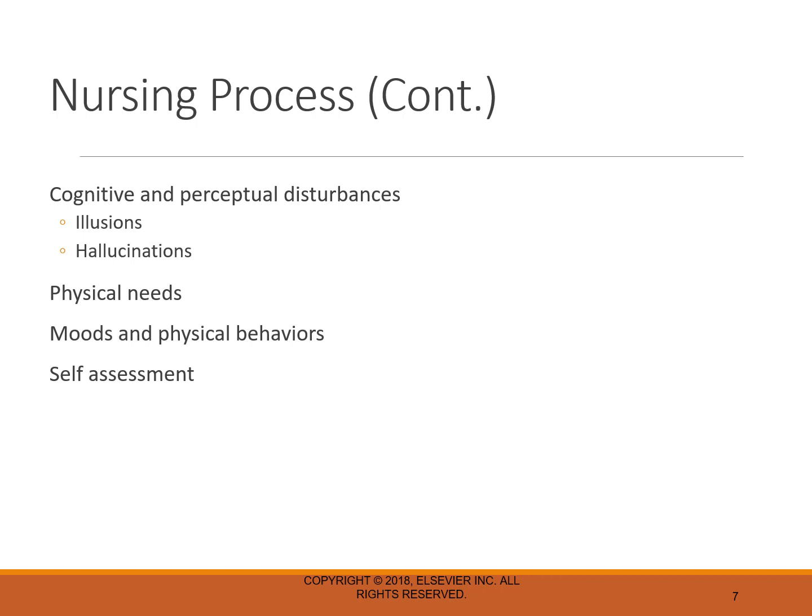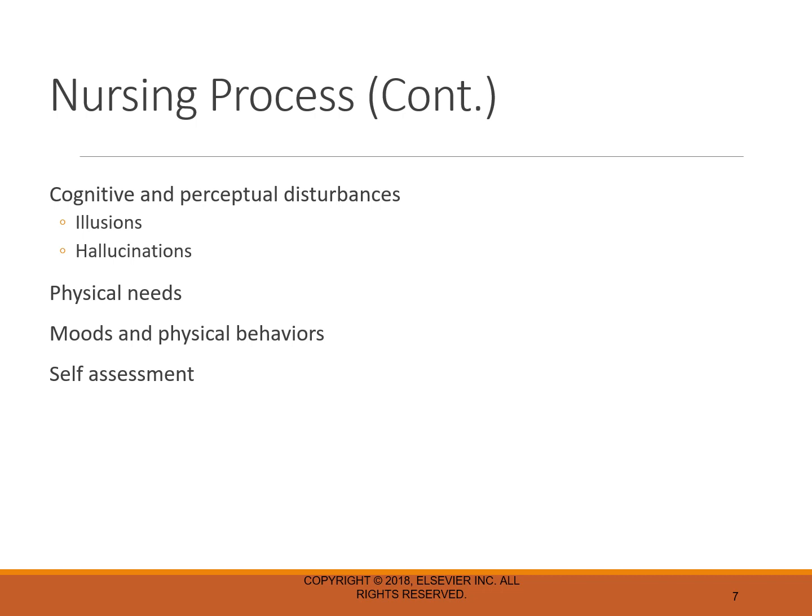Next, going on to mood and physical behaviors, as we said, their behaviors may fluctuate from night to day, and so the behaviors might change dramatically within a short period. The patient can have agitation. So if the patient is agitated, the delirium is considered hyperactive.